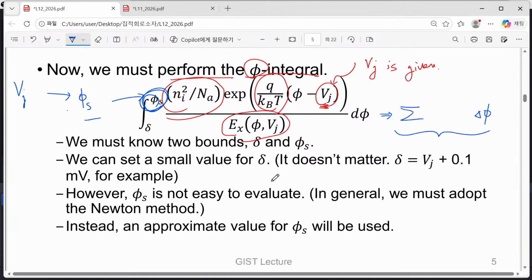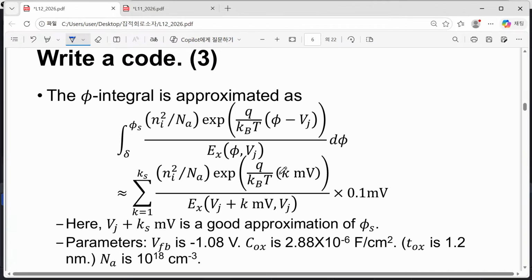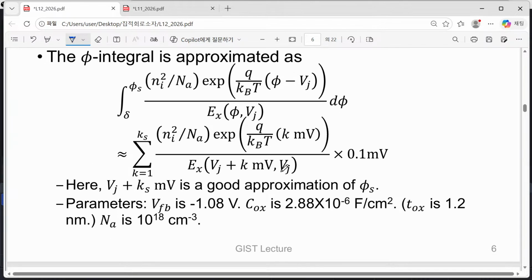Here you can see that the phi-wise integral can once again be converted into just a summation with very small steps. In this example, I have introduced 0.1 millivolt as the size of my bins.